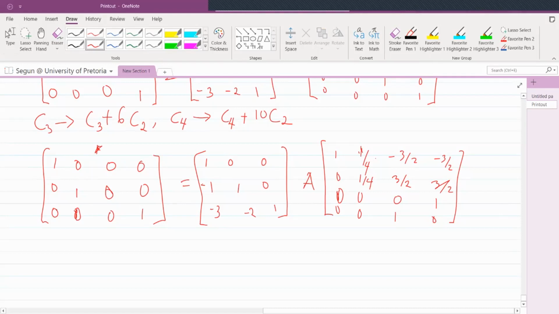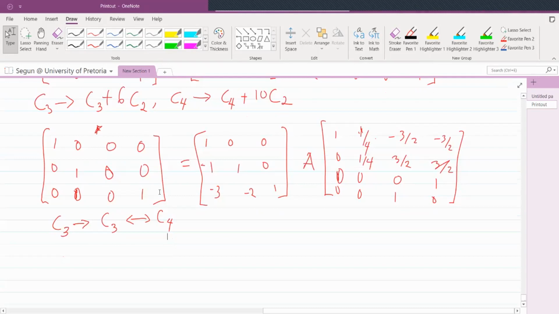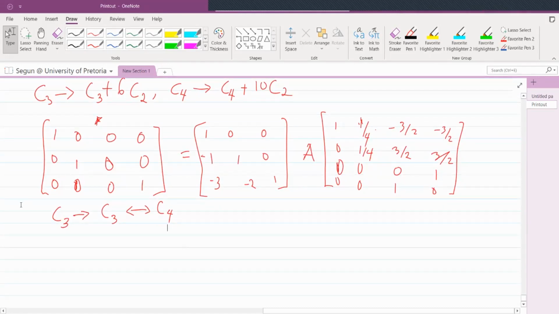Column 1 is fine, column 2 is also fine, column 3 is 0. So I can interchange column 3 and column 4. I can now say C3 interchange C4 is allowed because all the entries are 0.